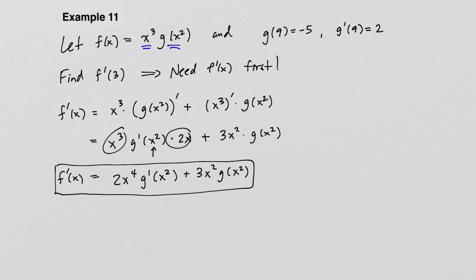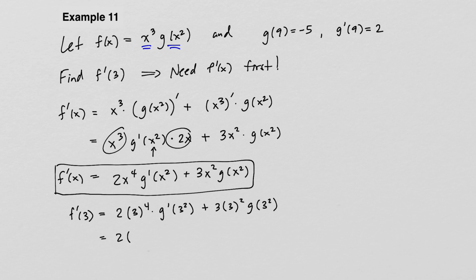Now we need to find f prime of 3. To do this, we simply need to replace the x with a 3. And so this becomes 2 times 3 to the fourth power times g prime of 3 squared plus 3 times 3 squared times g of 3 squared.